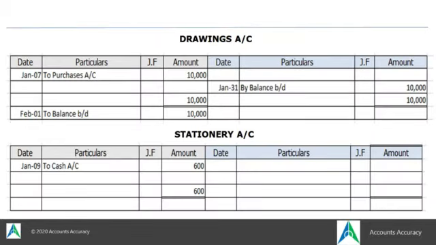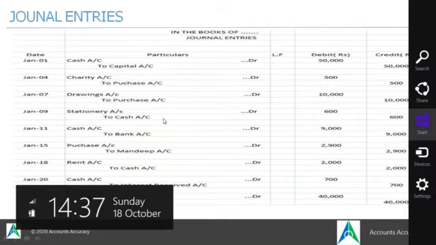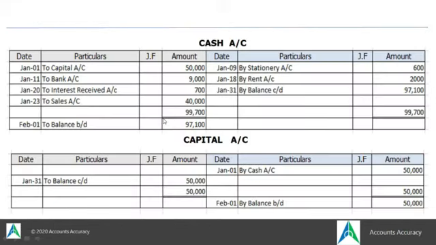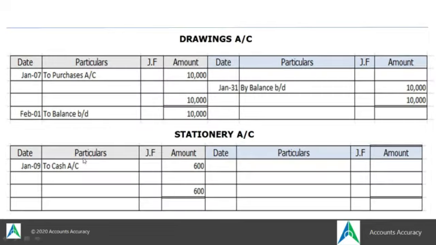Again we have another ledger account, that is the stationery account. The totaling will be done simply after posting. You can see the stationery related journal is on January 9, nothing else. So simply this, to cash account 600, will be posted to the stationery account, January 9, to cash account 600. No other related entries are there. So the totaling of this will be done, that is 600.